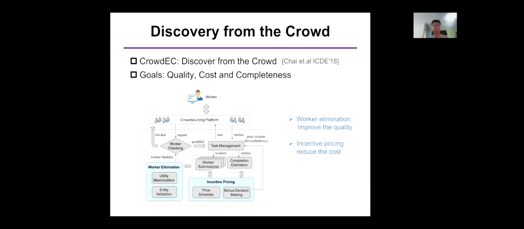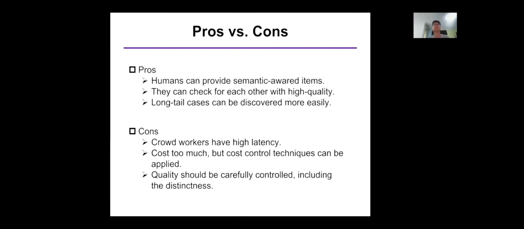And also, we hope the workers provide distinct entities, because if many workers provide duplicate entities, we still have to pay them, but it is wasteful. So there are two models. One is worker elimination, which eliminates low-quality workers to improve the quality, and the other one is incentive pricing. We provide a bonus to encourage workers to provide distinct entities to reduce the cost.